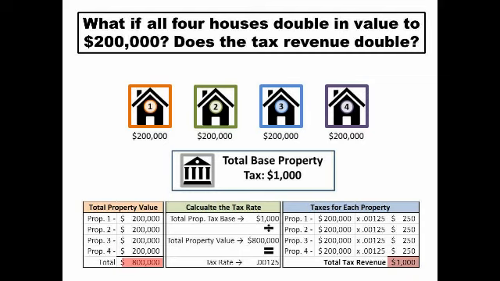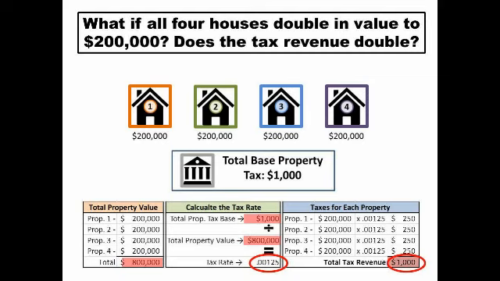It's doubled. But you take that $1,000 of total base property tax and divide it by your $800,000. Your tax rate is cut in half. It is now 0.00125. Apply that to the property values, and once again, the homes are paying $250, and the total base property tax received by the county is $1,000.